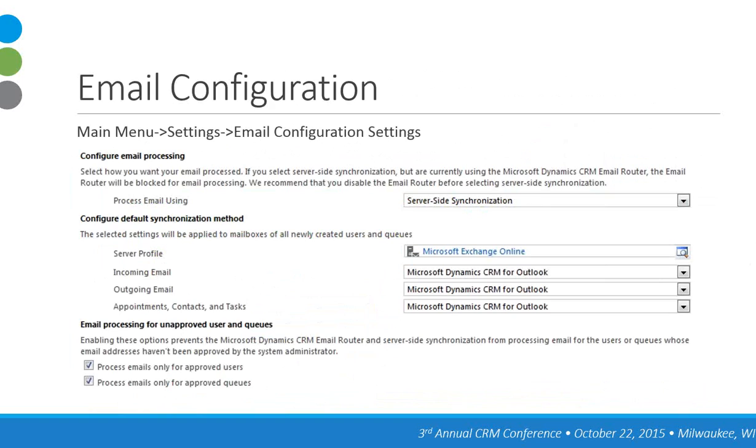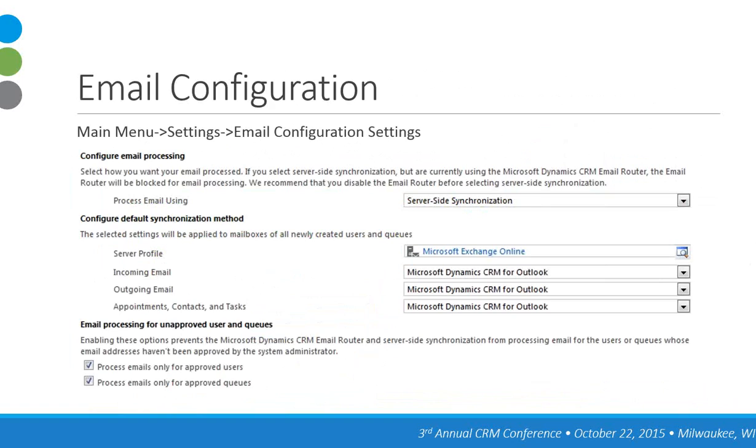Now the negative there is there is some configuration and possibly maintenance with password profiles and such, since it needs to connect to both CRM and your email server. And then the third option is server-side synchronization, which at this time only works if you have both email and CRM in the same Office 365 portal, or if you have CRM and Exchange on-premise on servers that you host.